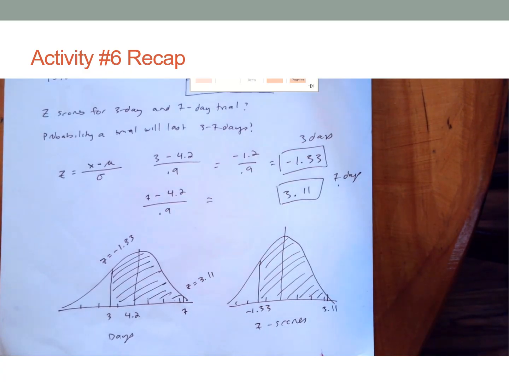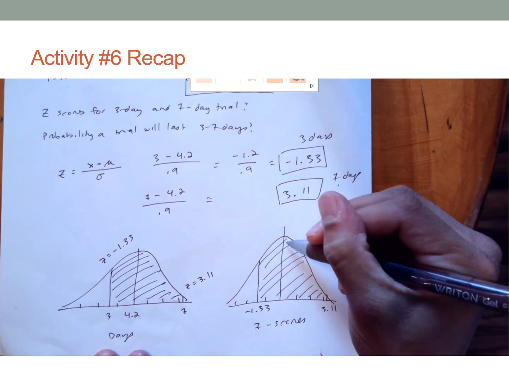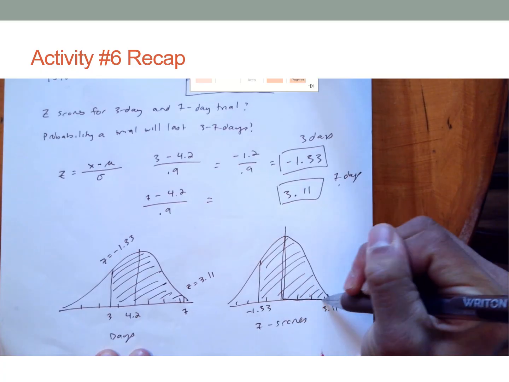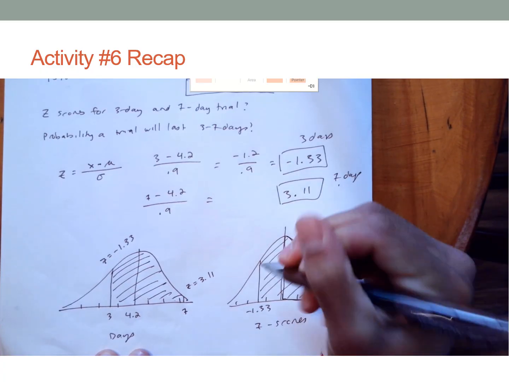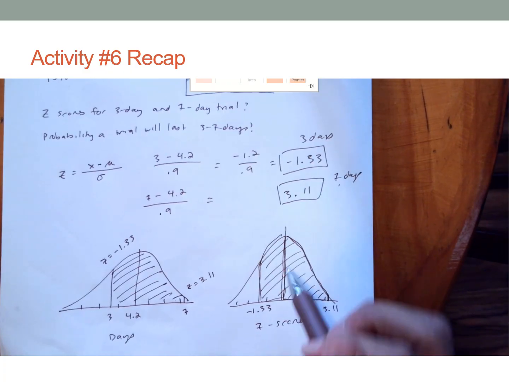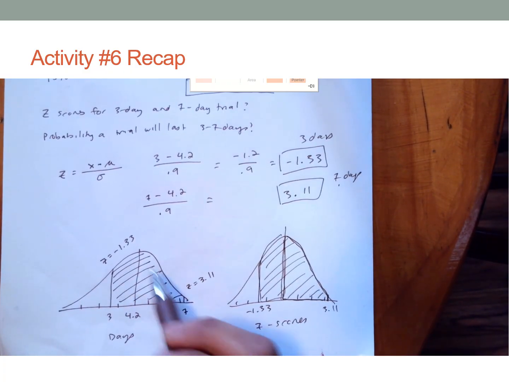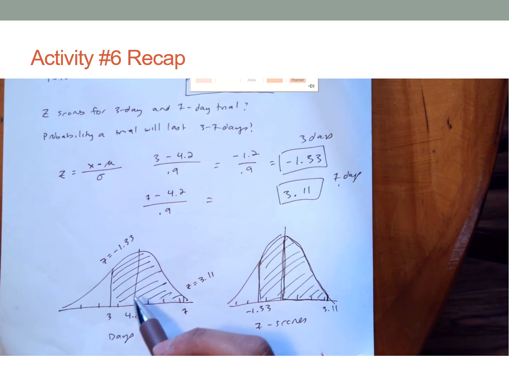Now, using our z-table here and our normal distribution, we can look up the area under the curve to the right of the mean and to the left of the mean. And by combining these areas, we can find the total shaded area on this standard normal distribution, which will be equal to the total shaded area we're interested in on this regular normal distribution.